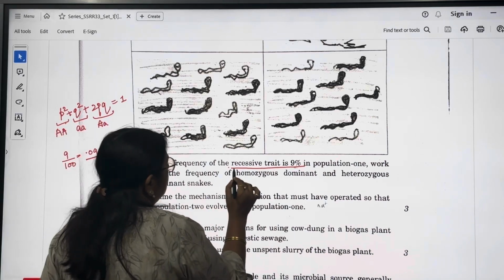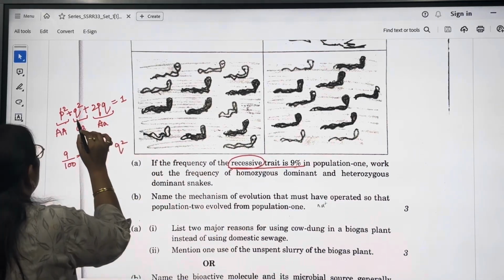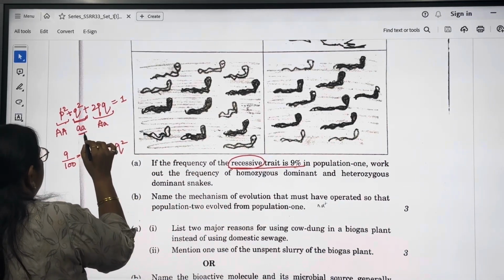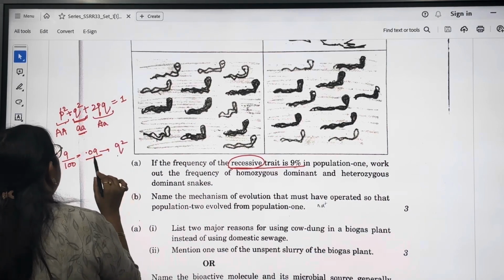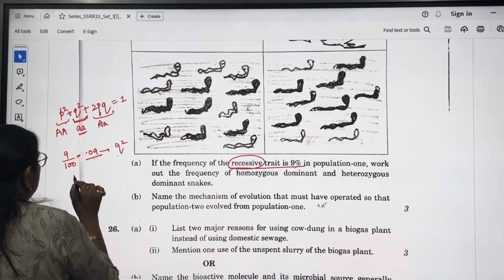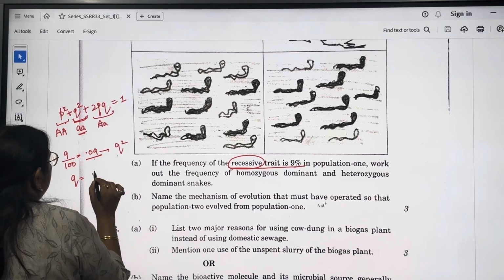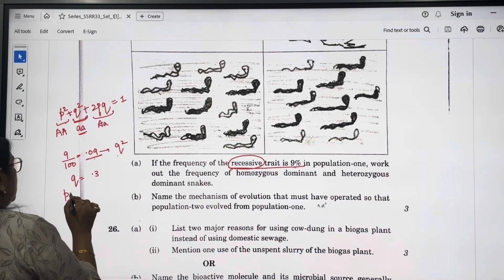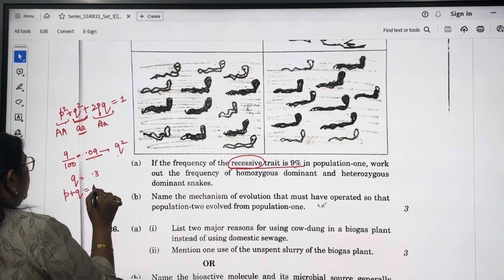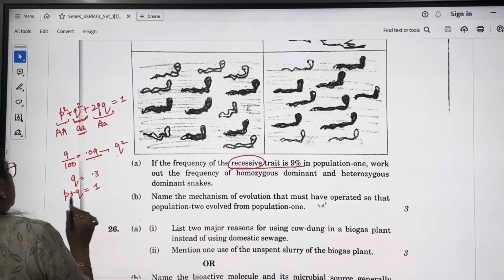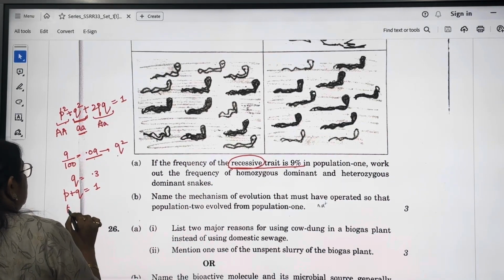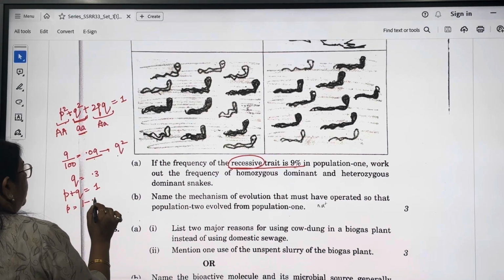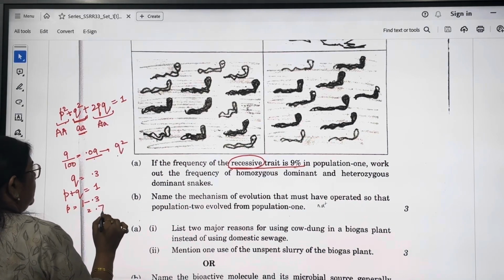Recessive means q, small a. q square, 0.09 is given. So how much is q? q is 0.3. And you have studied that p plus q is equal to 1. It means p is equal to 1 minus 0.3, that is 0.7.